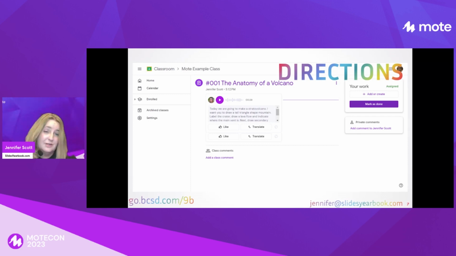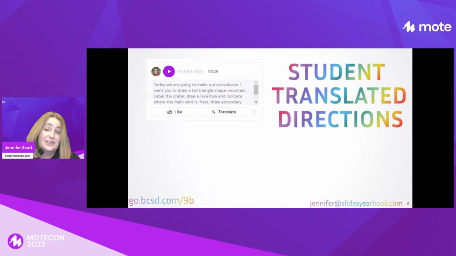Well, you create a Mote and you can translate it for the student, or they can translate it for themselves. We're going to come back to this feature in a little while because I have the greatest idea for this year and I am so excited to get it started. Students do the translated directions themselves.